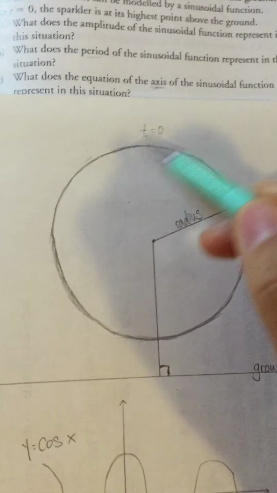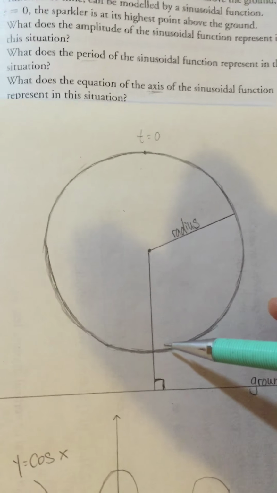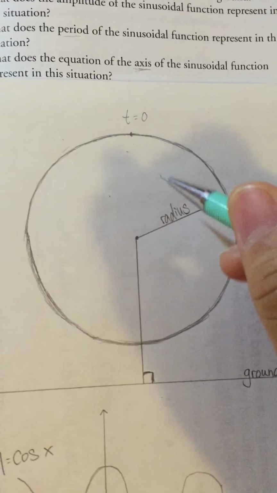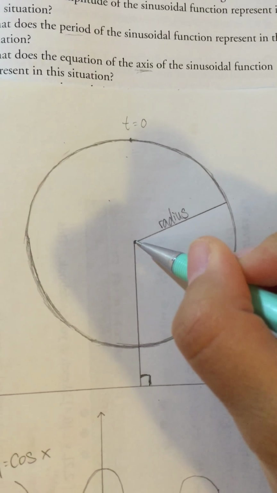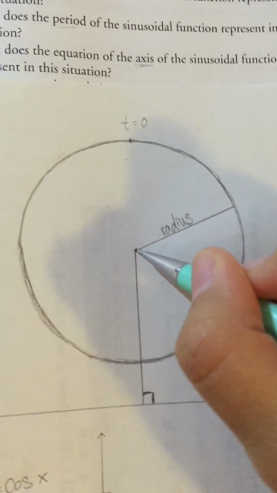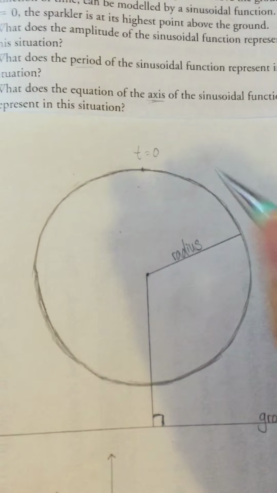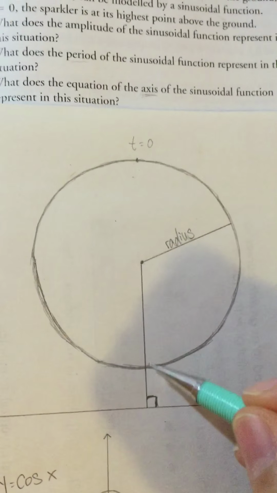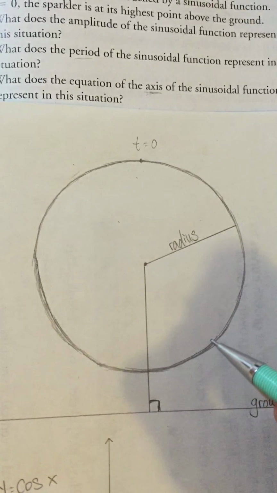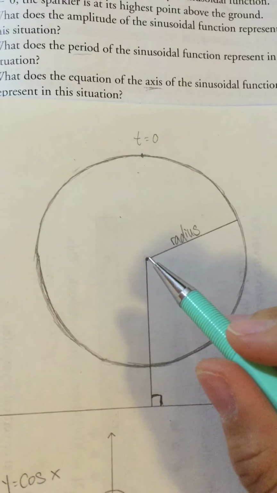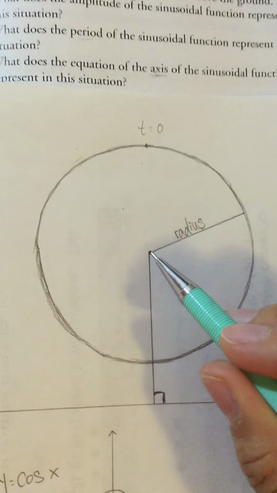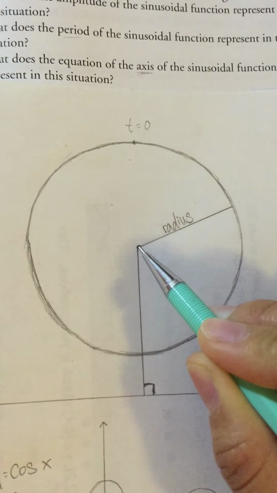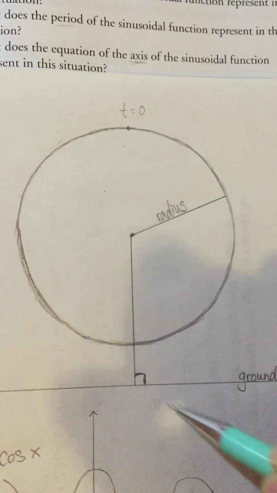So if this is a circle, the axis will be the height above the ground of the center of the circle in which the tip of the sparkler is moving, because the circle follows the center by the radius everywhere, and the circle will not move above the ground.